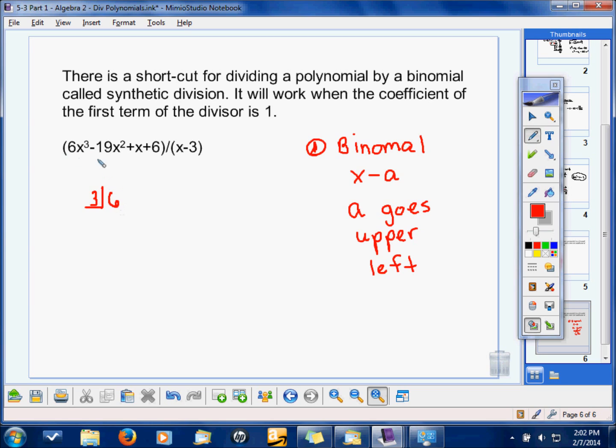Okay, so Sabrina, what would be the coefficient here? 19. Negative 19, good. So you do have to look for those signs in front. Charles, what about the coefficient here? 1. It's hiding, it's a 1. And then this one, there's no variable, but you just take the number, that's its own coefficient.